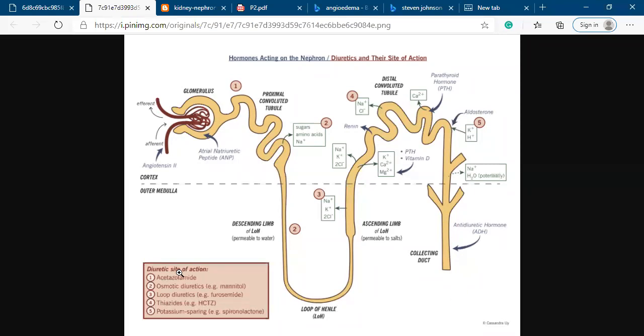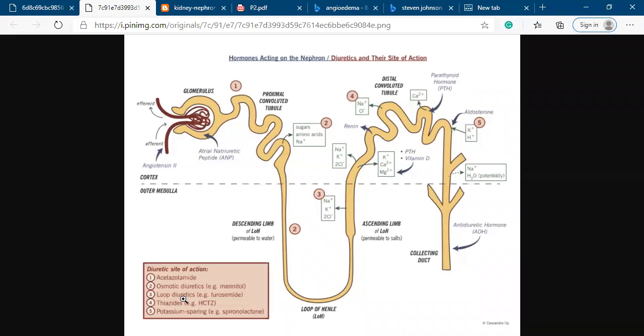In diuretics, especially the first one, carbonic anhydrase inhibitor or acetazolamide, works in the proximal convoluted tubule here. Number two, osmotic diuretics like mannitol work in that area.